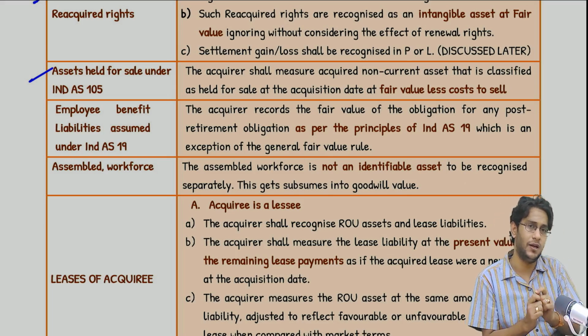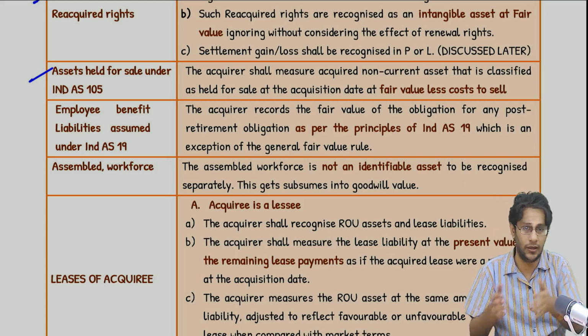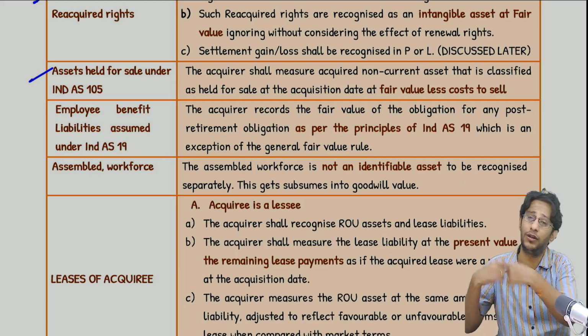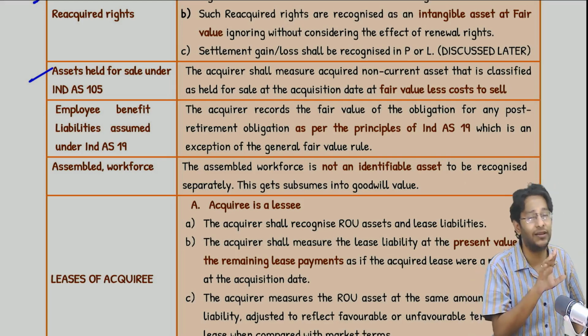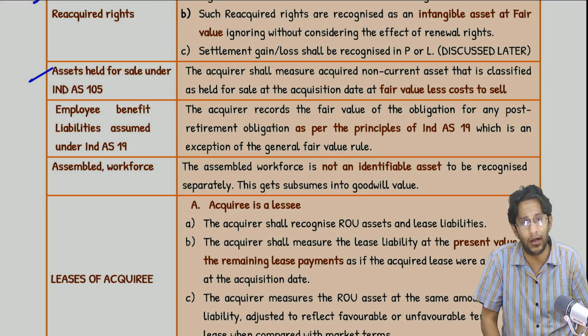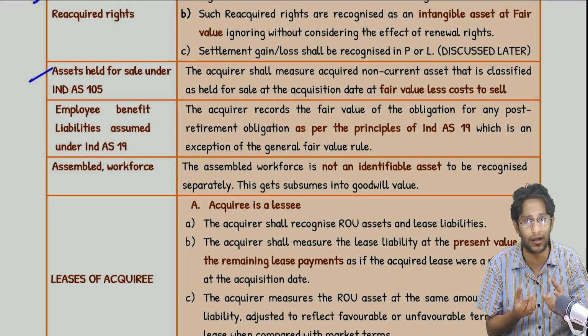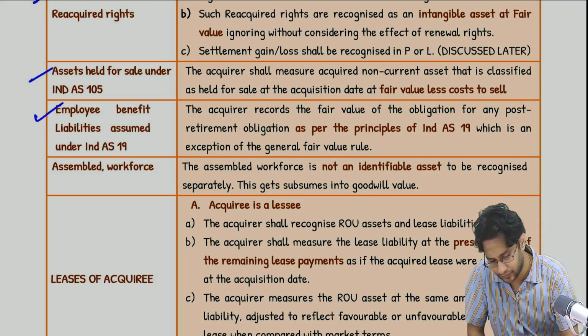And fair value of a liability is the amount you have to pay to some other party for accepting your liability. If you transfer your liability to somebody, how much you have to pay to that somebody, that is the fair value as per Ind AS 113. Don't apply that fair value rule. Apply Ind AS 19. Using the actual assumptions under Ind AS 19, you measure the liability value, consider that only. So that is also an exception.